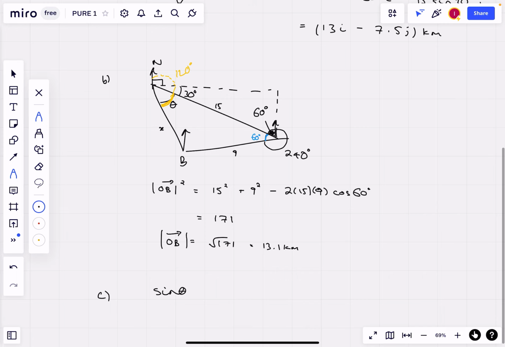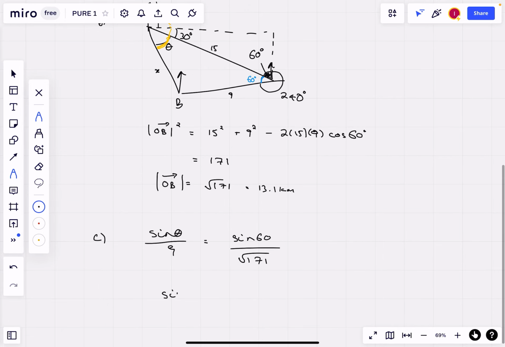Sine theta over 9 equals sine 60 over root 171. I'm not going to use 13.1. If I use 13.1, then I'm going to be a few decimal places off. You don't want to round at the start, you want to round at the end. So sine theta is equal to sine 60 over root 171 times 9.